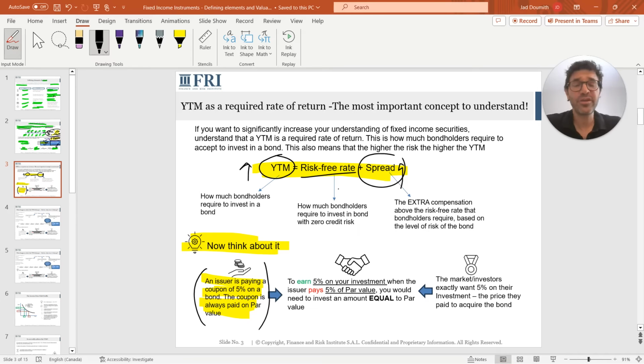Now, whatever the issuer decided, we have the other side of the story, the market or investors. And what the market wants is reflected in the yield to maturity. Remember, this is the required rate of return that investors demand to accept to buy that bond. So think about it, it's like buying and selling.